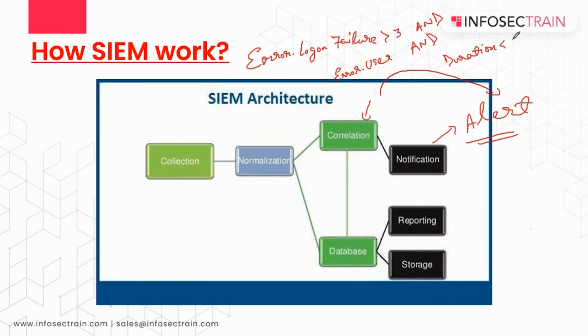Let's suppose this is a correlation rule which I have written. In this correlation rule, this is one event which has happened: login failure greater than 3 times. If someone attempted a wrong password more than 3 times, that is one event. And that is for the same user account, another event.